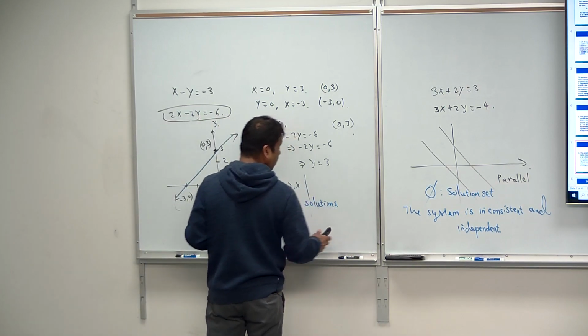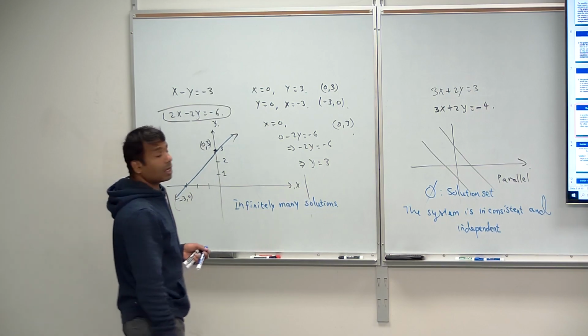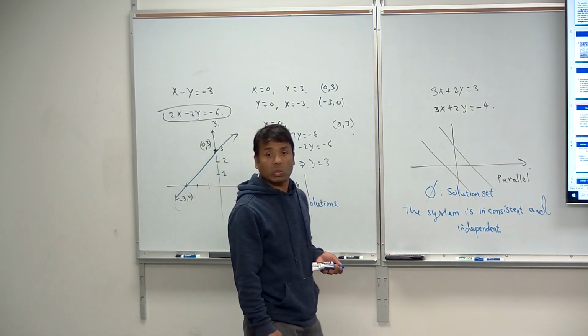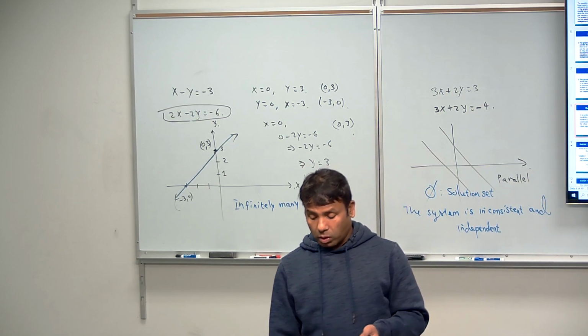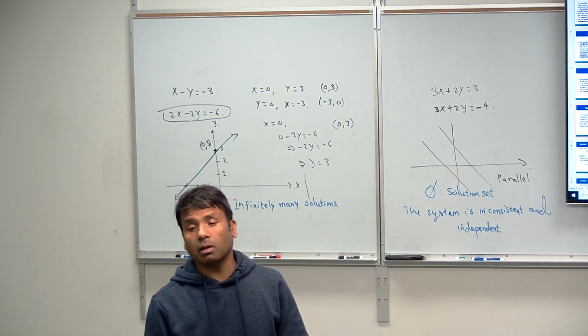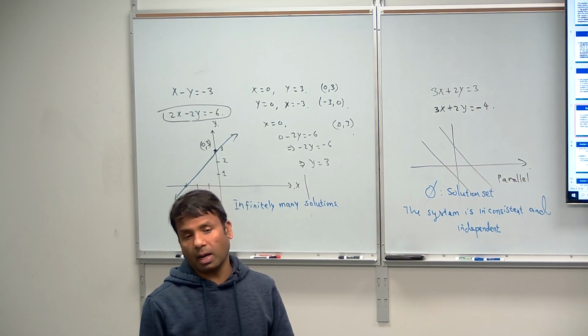So, yes, now the next one is solving systems of equations, so finding the solution to the system of equations, right? You can use the substitution method, the elimination method, or you can draw the graph.